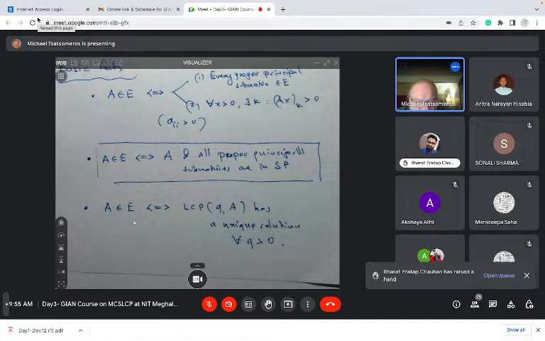What is your question? I'm asking if A is strictly semi-monotone, then LCP has a unique solution for all Q positive. That's a fact. But I think it should be for non-negative Q. Yes, you're right. That's for all Q non-negative.